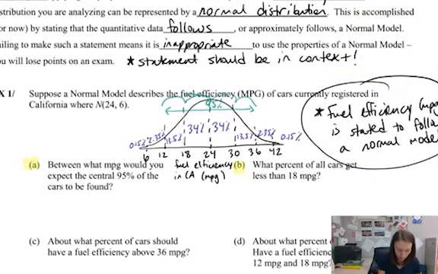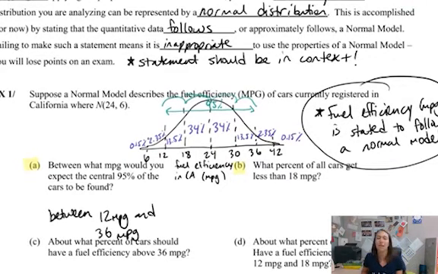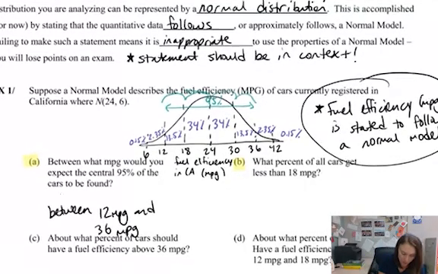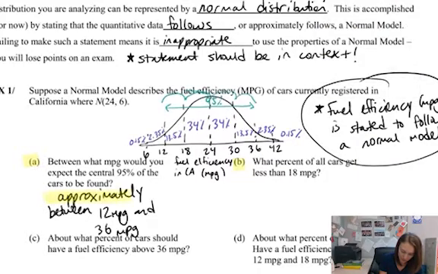It's going to be between 12 miles per gallon and 36 miles per gallon. But we have to be really careful. This answer isn't quite good enough because these are all approximations. So we need to say that it's approximately. And that's really important. I'm going to highlight approximately here because it is very important that we remember these are approximations. They're not exact values.